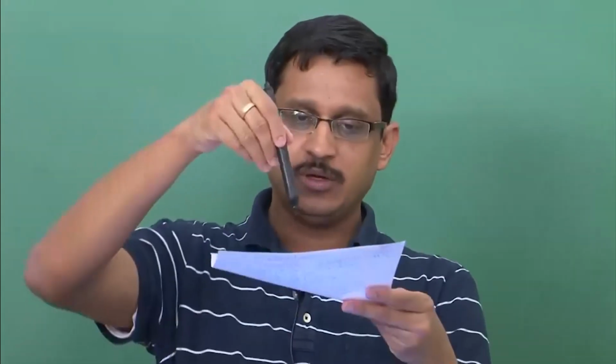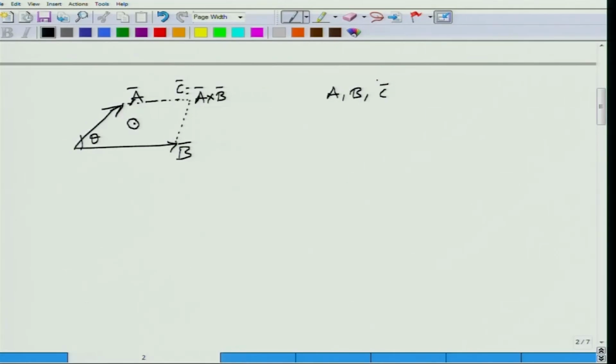Now, you could argue this vector cross product could be going into the paper or it could be coming out of the paper. How do I distinguish between the two? It turns out that there is no distinction mathematically. However, you follow a certain convention, which is that vector A, vector B and the cross product vector C form a right handed motion.